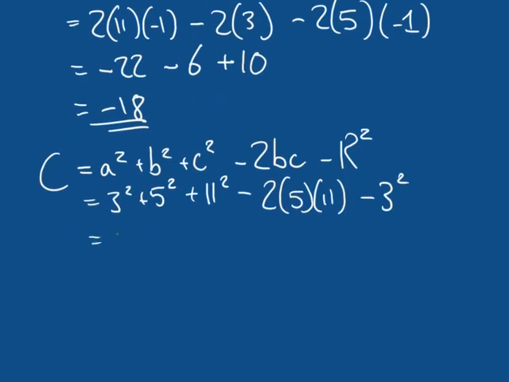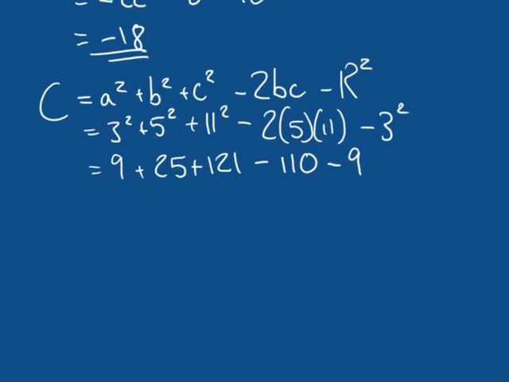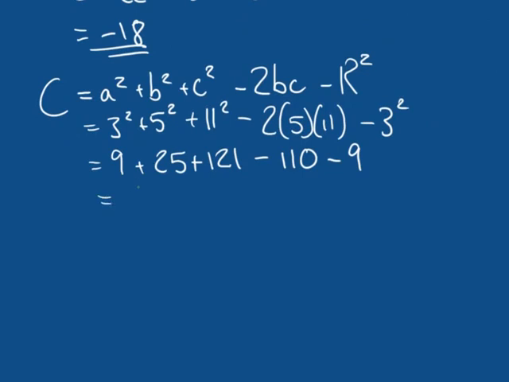So that's going to be 9 plus 25 plus 121 minus 5 times 11 is going to be 55 times 2 is minus 110 minus 3 squared is 9. So minus 9, which is going to give us 9 plus 25 is 34 plus 121 is 155.